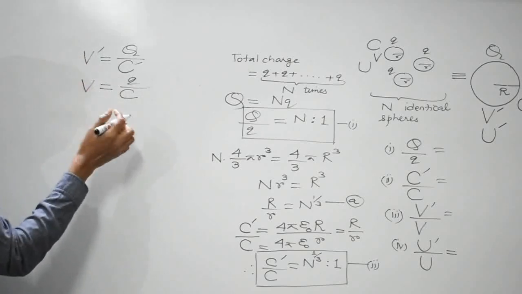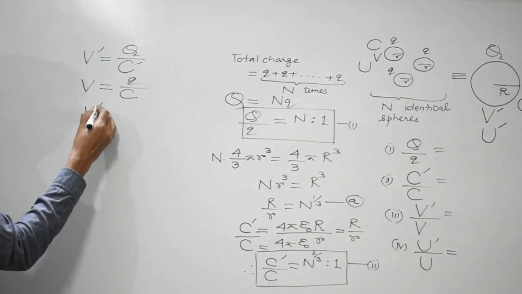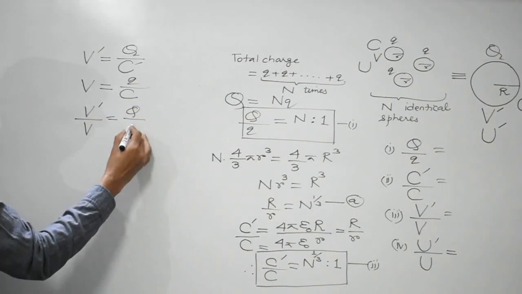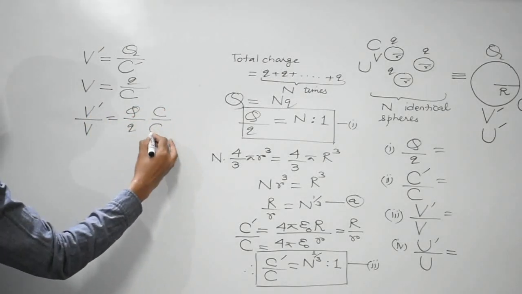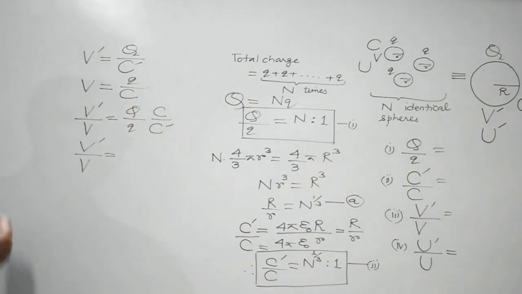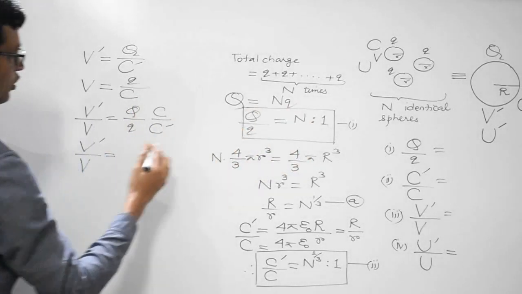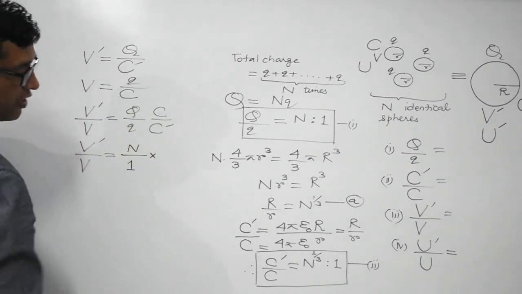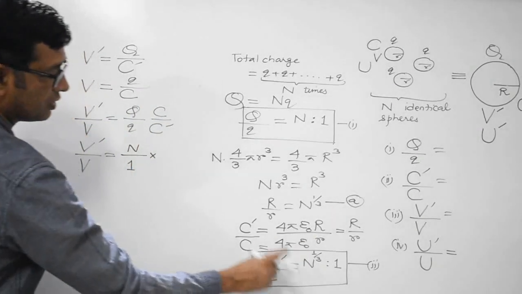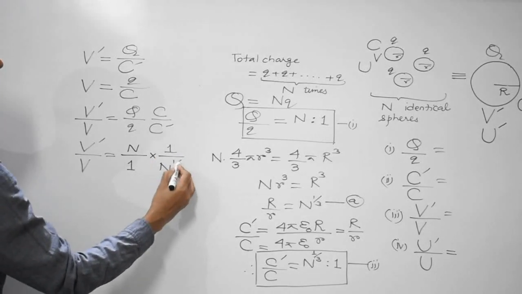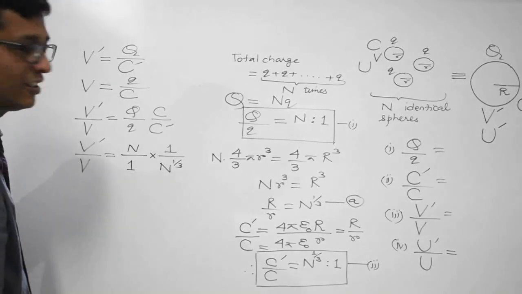On dividing these two, what we get is V dash by V would be equal to Q dash by Q and C by C dash. So let's substitute the values. Capital Q by small q is n is to 1, and C by C dash is the reciprocal of this, that is 1 divided by n to the power 1 by 3.